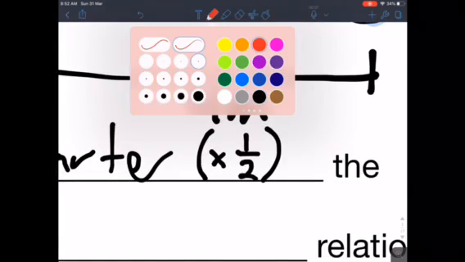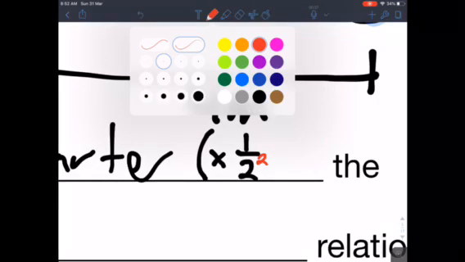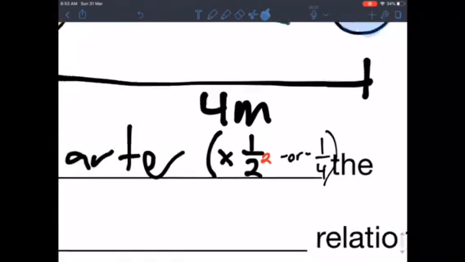This is an inverse relationship to the square. And so I'm also going to square that 1/2. So what we really get is, when we double the distance, we get times 1/2 squared the force. We could do that, or we could just do 1/4 because 2 squared is 4.